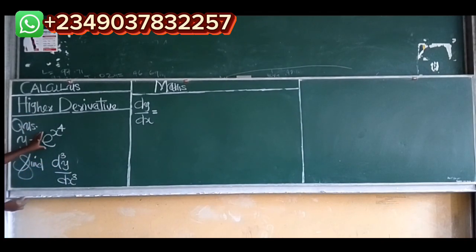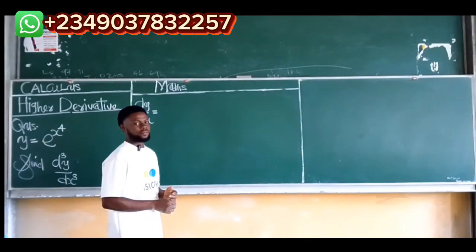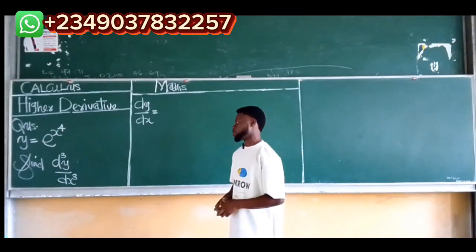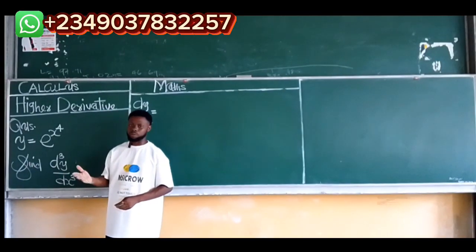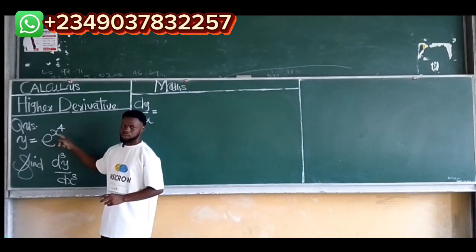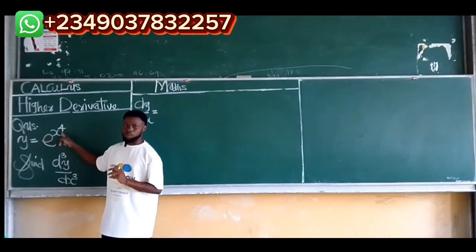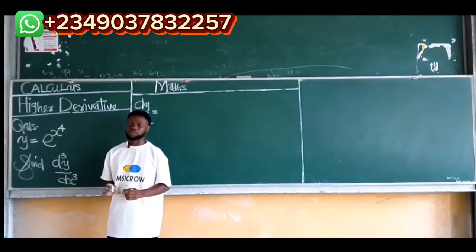So whenever you see this type of question, from what we did in chain rule, I gave you the basic concept of chain rule, how to identify chain rules, also how we can apply the principles to get the right result. In this case, because this is chain rule and it is also an exponential form given to us, what you are required to do is to make the group of x to become u. That is to say, this x raised to the power of 4 will become u, so that we can use the formula dy over du times du over dx. That is basically the formula for chain rule.